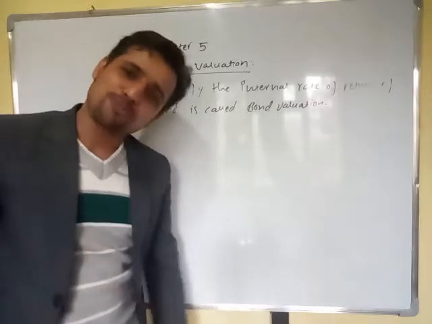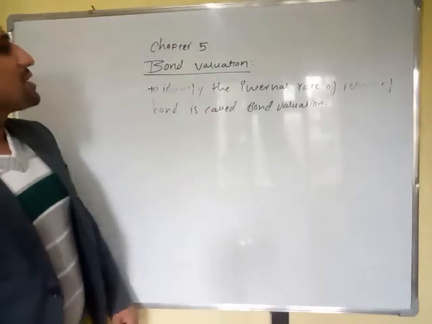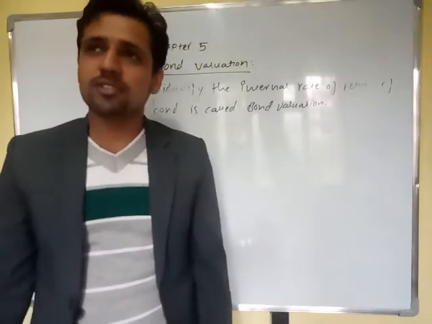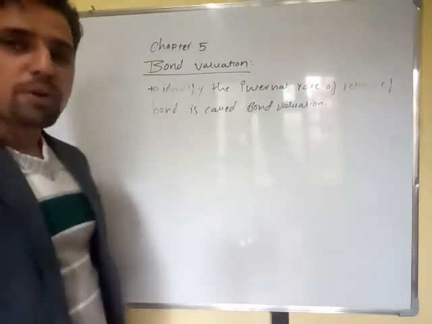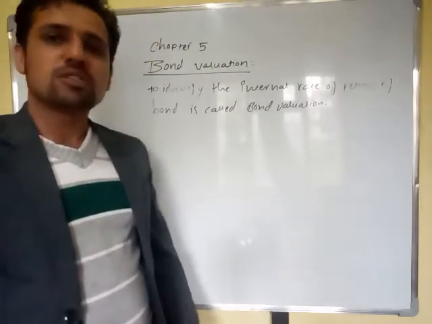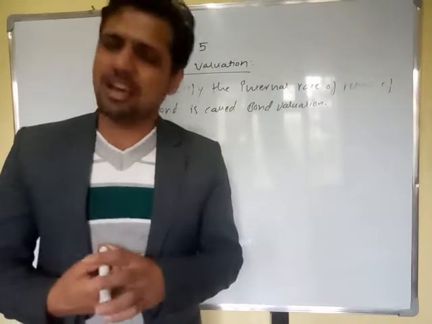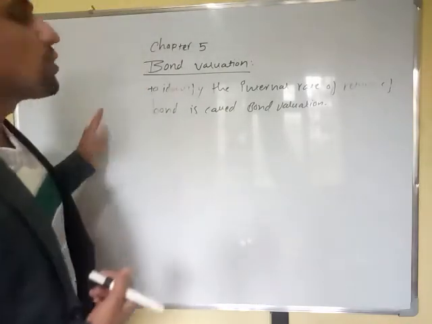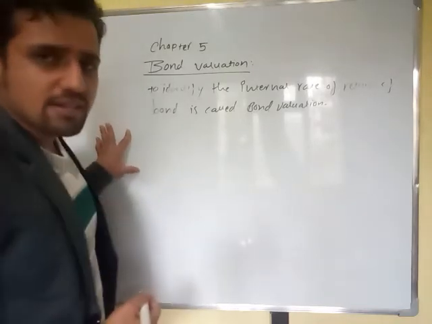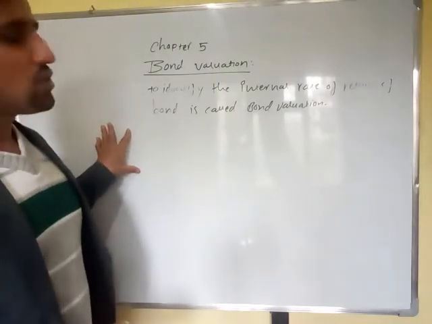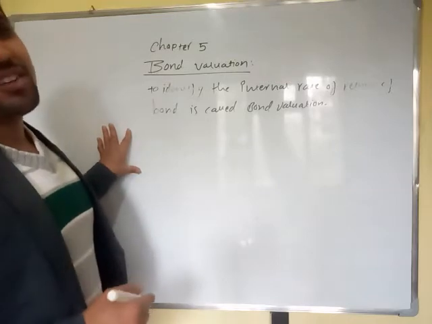There are different kinds of formulas. We have several types of bonds: zero coupon bonds, perpetual bonds, and others. So many types exist, but we can calculate perpetual bonds, callable bonds, and zero coupon bonds. We need to solve these according to our syllabus.